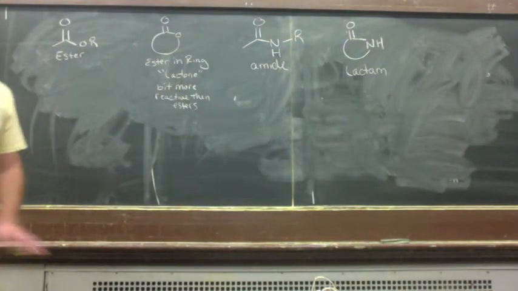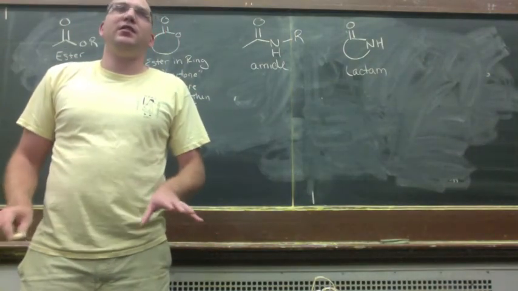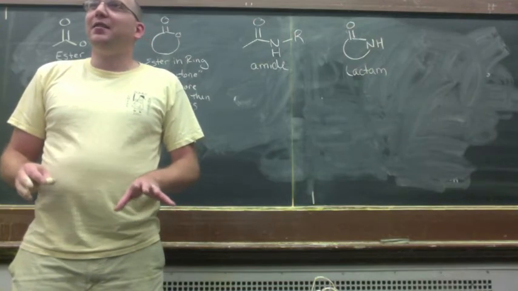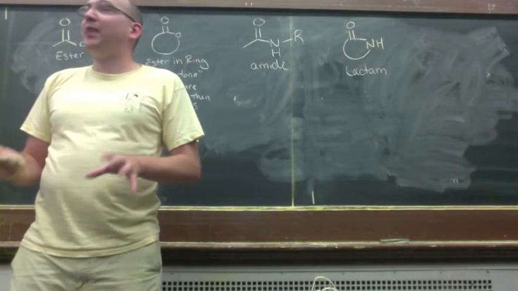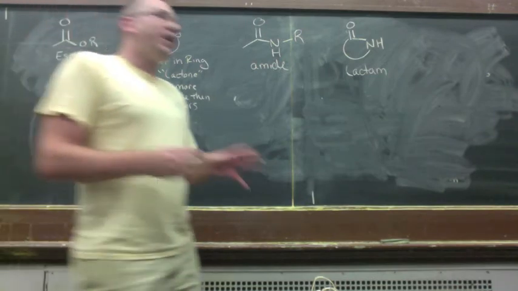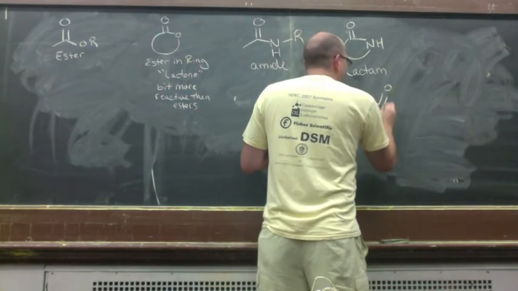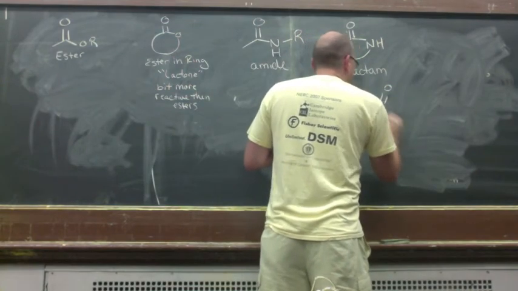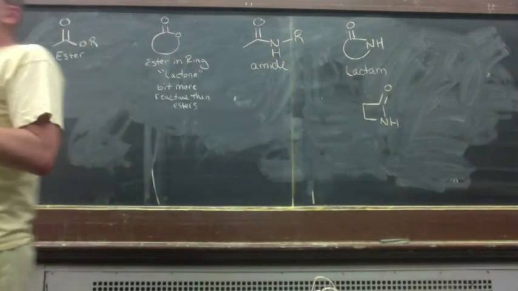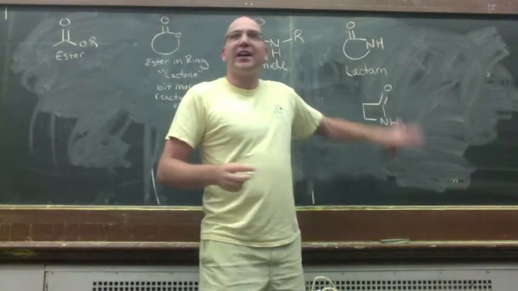Anybody super interested? I'm sure none of you guys have any interest in medicine at all. Yeah. Beta-lactams. So who here has heard of beta-lactam antibiotics? Penicillin, right? So beta-lactam antibiotics, and you guys were talking about strain a little bit before, generally have this lactam within them.